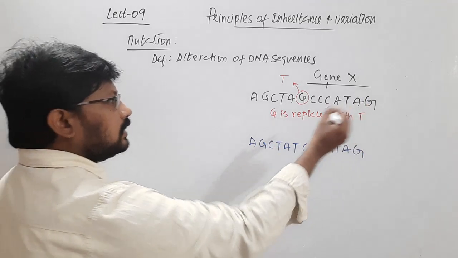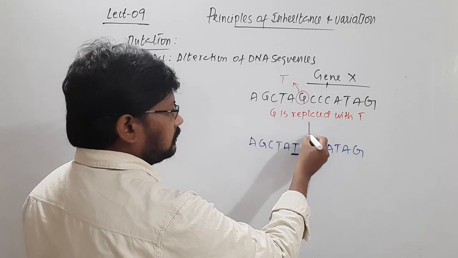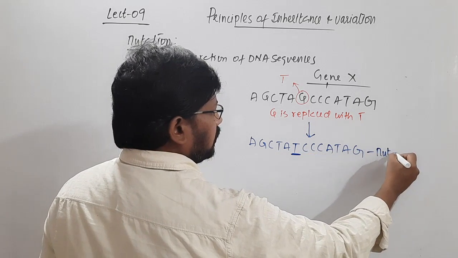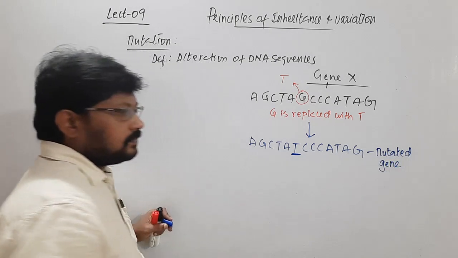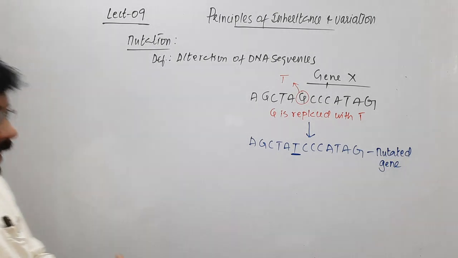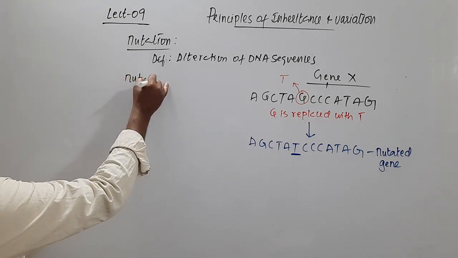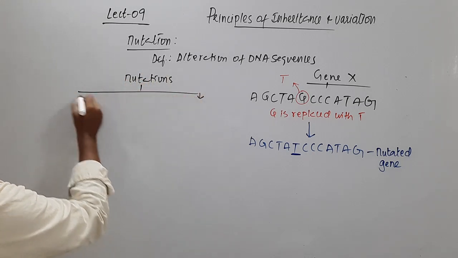Here you can see this G is replaced, and this is what I call a mutated gene. Now I'll classify these mutations into two types.